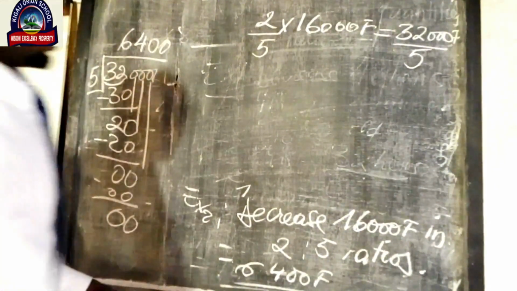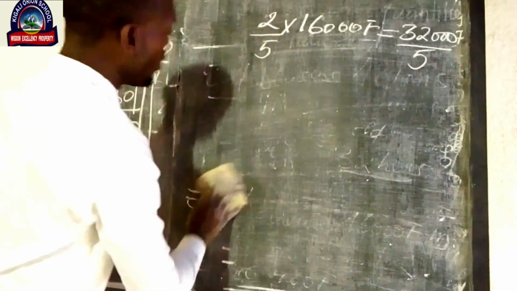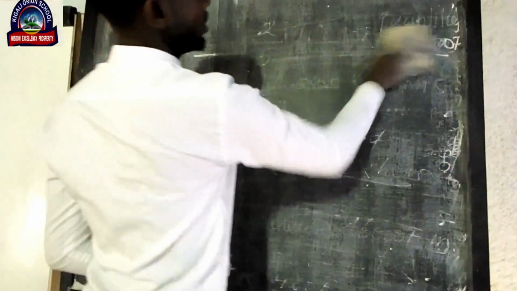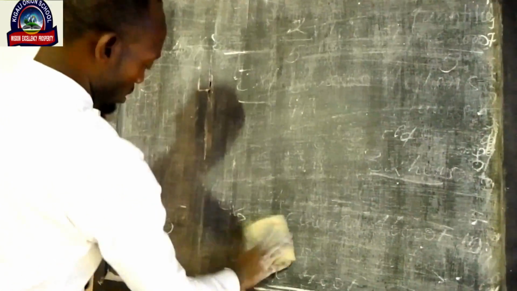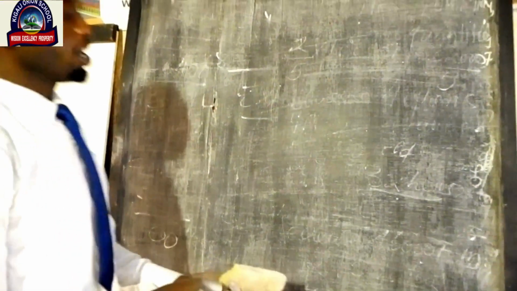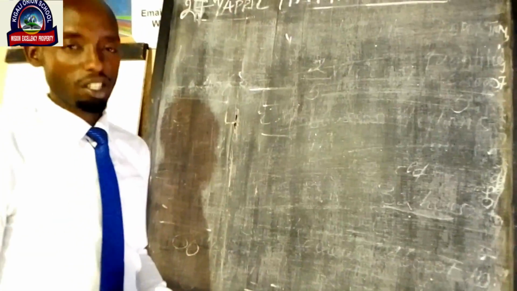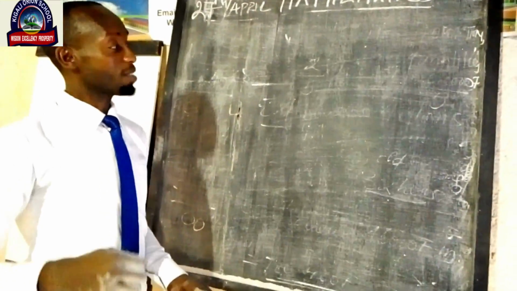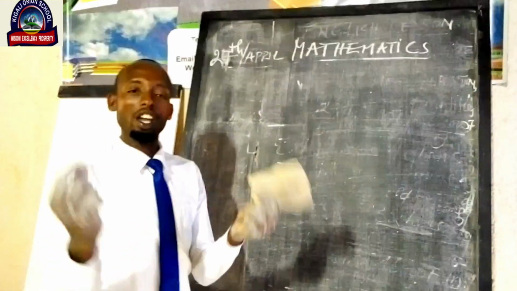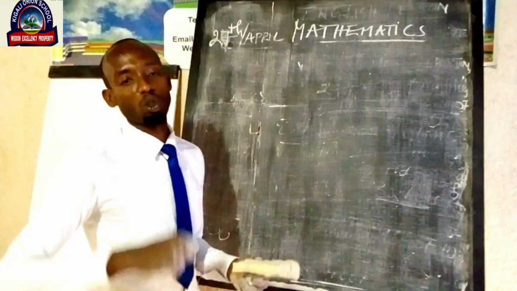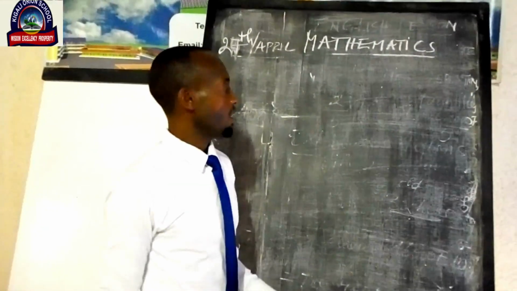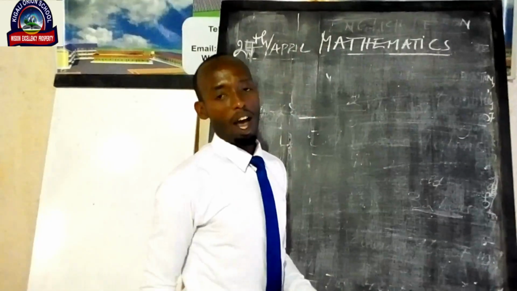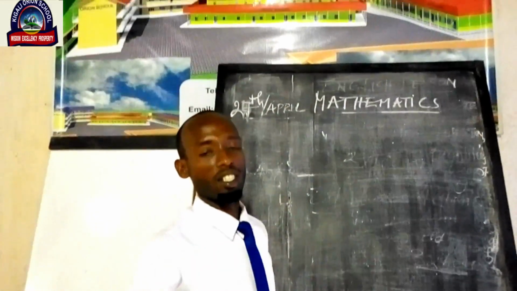So have you understood well how we can increase and how we can decrease by ratios? The first point was, how can we convert a ratio into a fraction and a fraction into a ratio? How can we increase a number and how can we decrease a number by ratios?